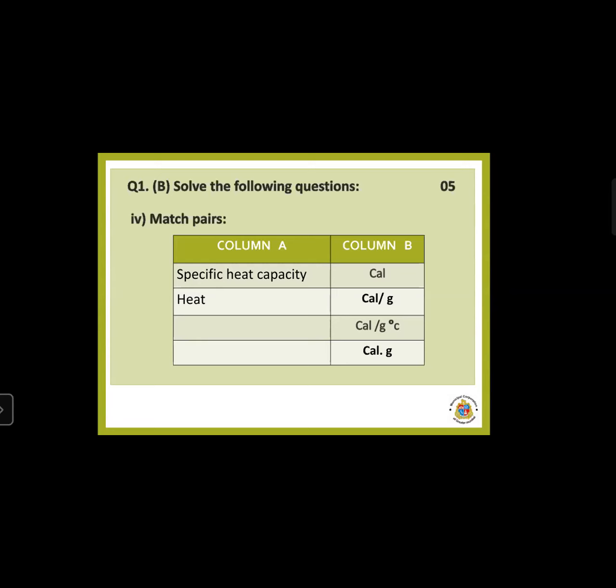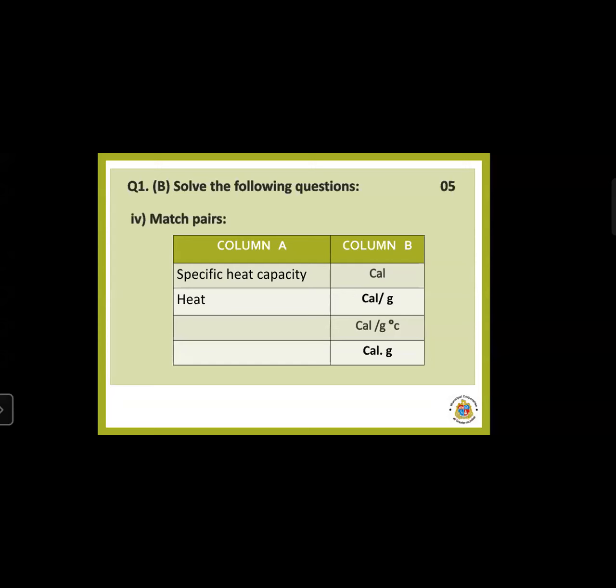Because of the temperature, if you heat that object, the state will change. So that is nothing but latent heat. So latent heat of vaporization, latent heat of fusion.